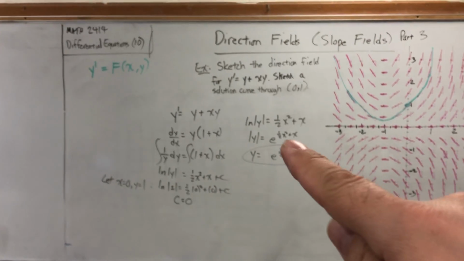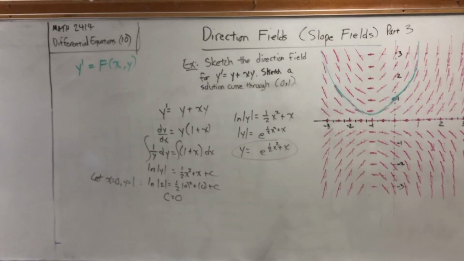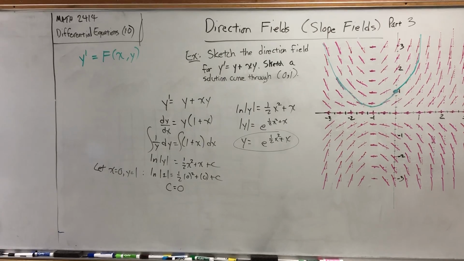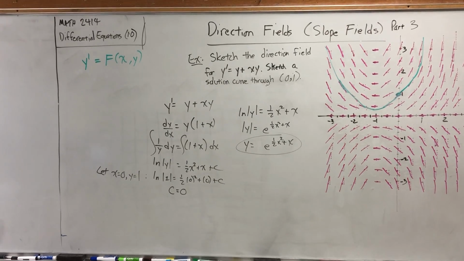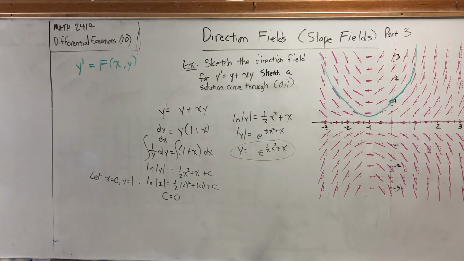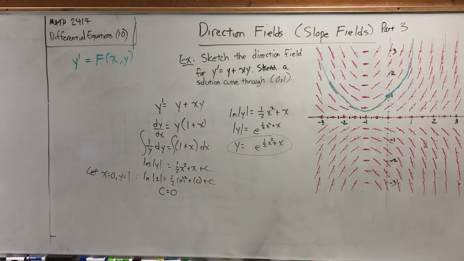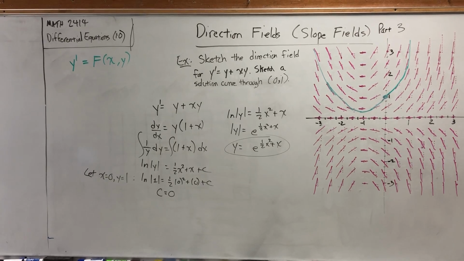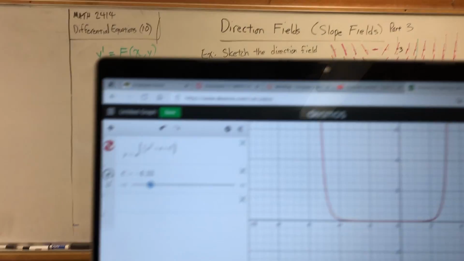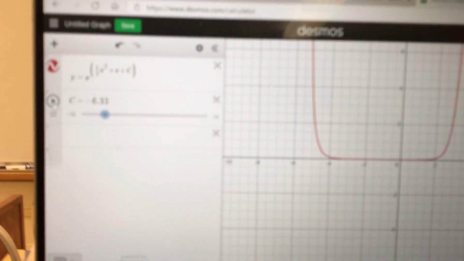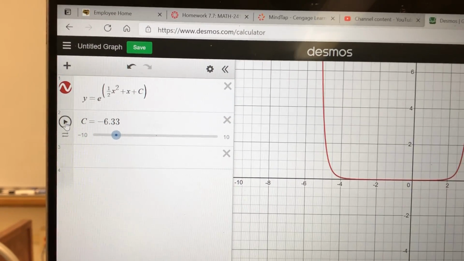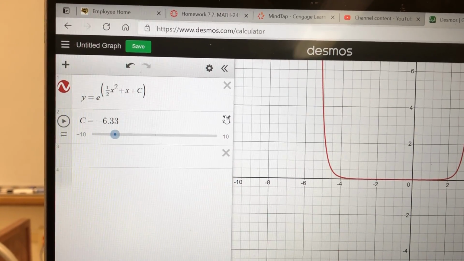And remember, when I solved the equation, I did have a plus minus right there, but I said that since our particular ordered pair has a positive y coordinate of 1, then it had to be plus there. So by doing this, I've lost all the solutions that have a negative.